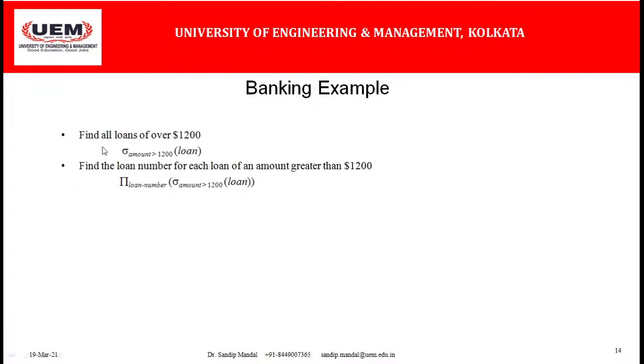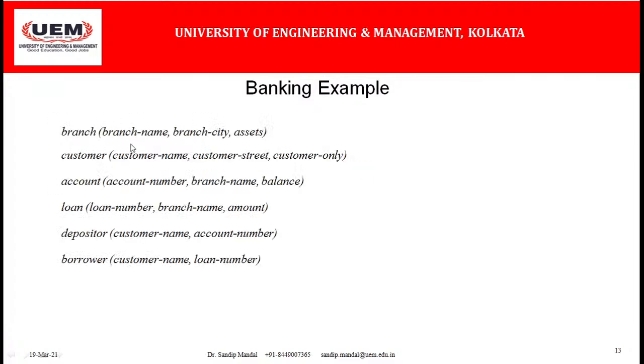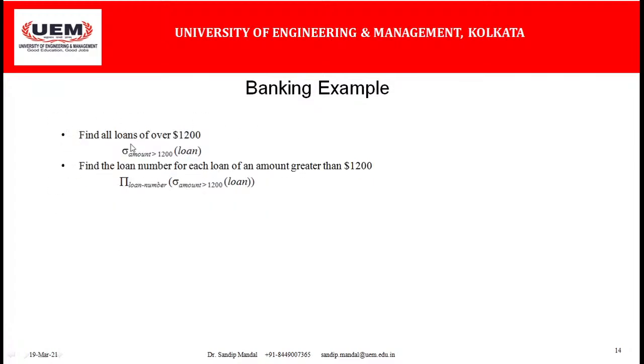Now we find out, for example, if the query is like this: find all the loan information over $1200. How can you find it? For that purpose, find all the loan information means select from the table loan where the amount is greater than 1200. So in your exam, the question may be like that, some relations are mentioned, and from these relations we ask a query, find all the loans over 1200.